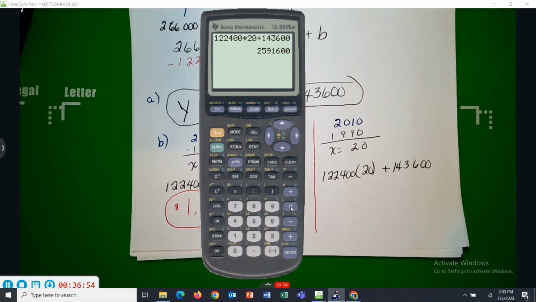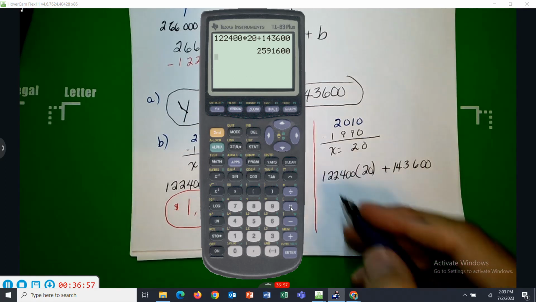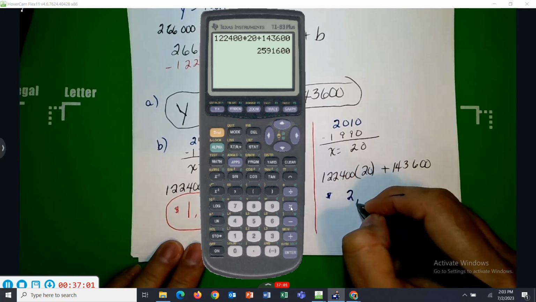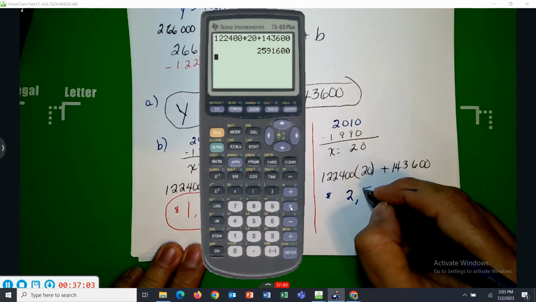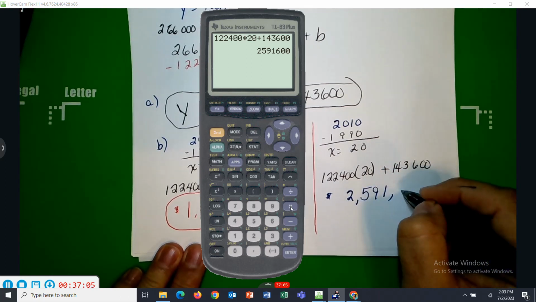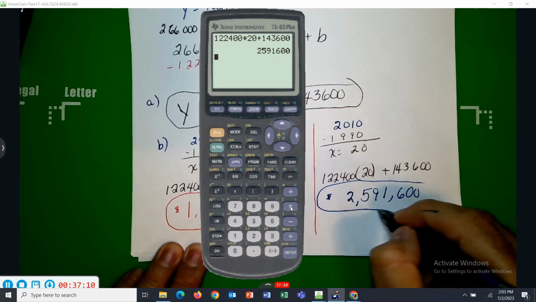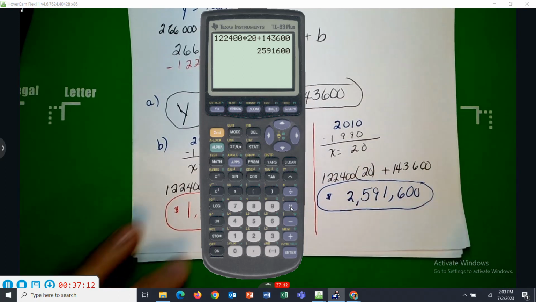Okay, so in the year 2010, the average salary was $2,591,600. Okay.